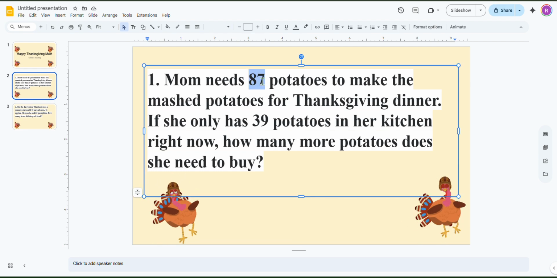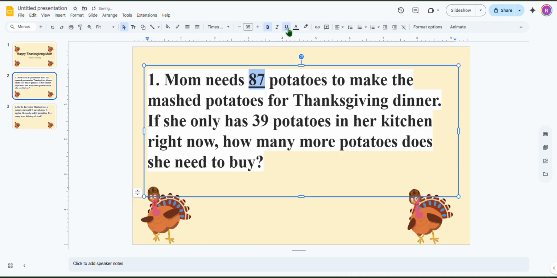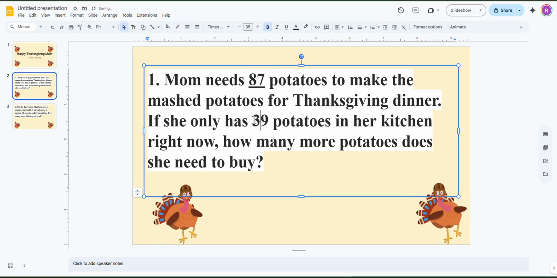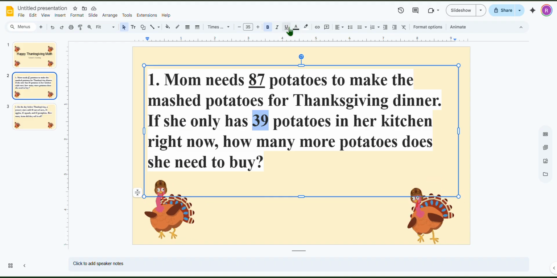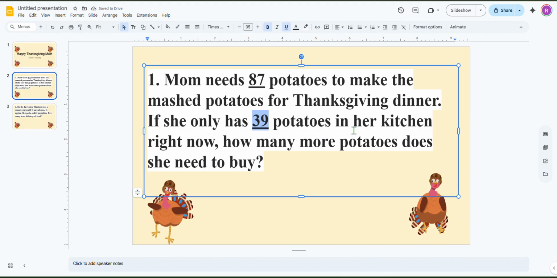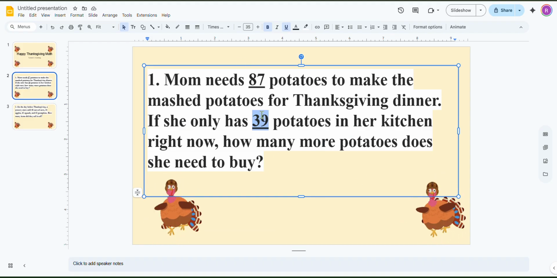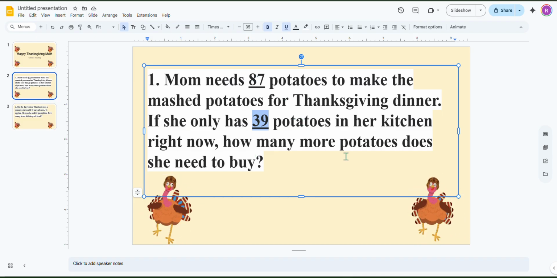Our first one is our numbers. So when I'm looking at this, I'm going to underline, and it's just going to be easier to underline. I could probably have set up the highlight function, but right now I'm going to underline. So 87 and 39. So needs 87, right now only has 39.